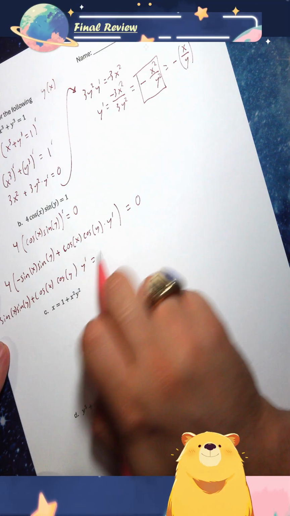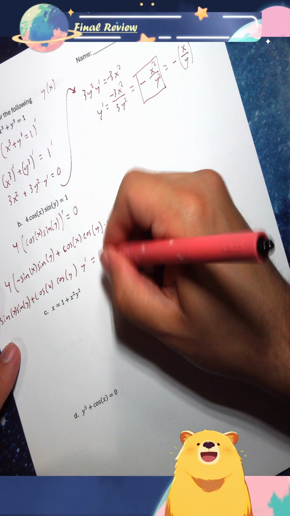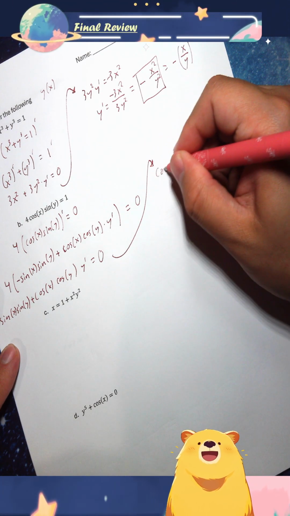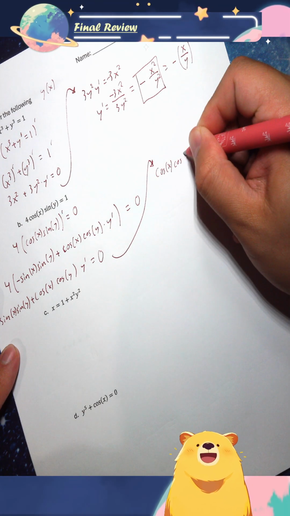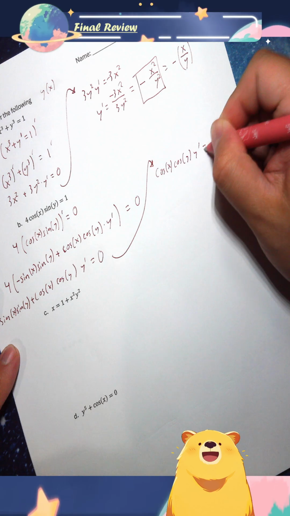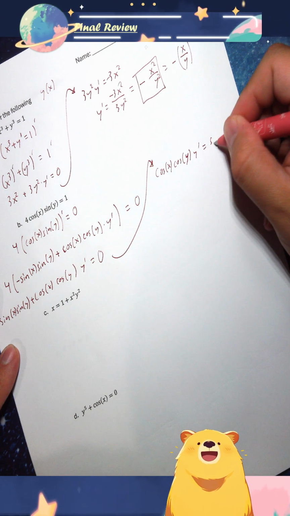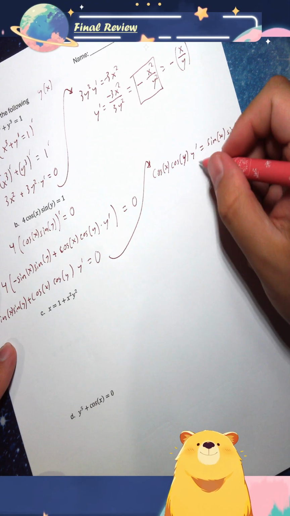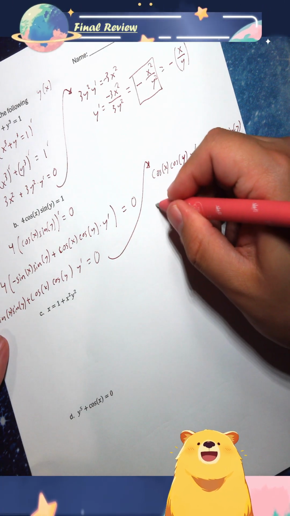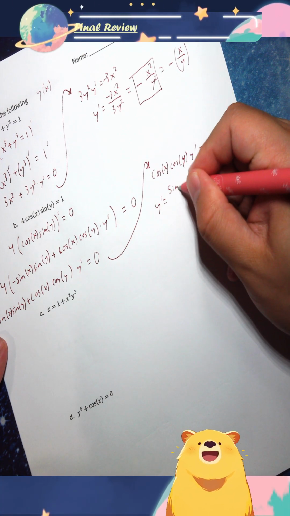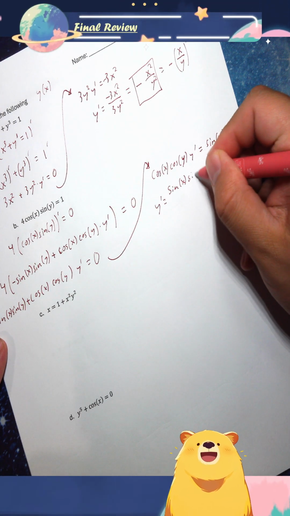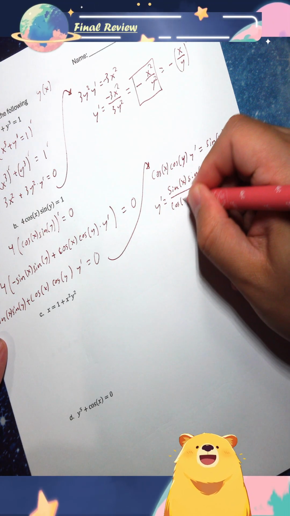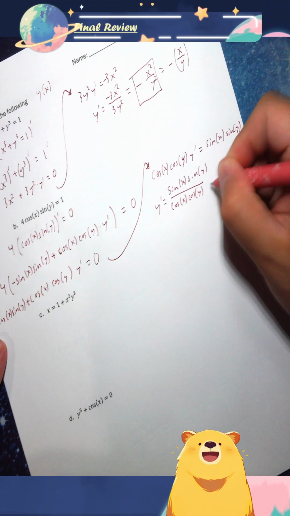I'm going to add sine x, sine y to both sides to get cosine of x, cosine of y times y prime is equal to sine of x, sine of y. And then I'm going to divide both sides by that. So you have y prime is equal to sine of x, sine of y over cosine of x, cosine of y.